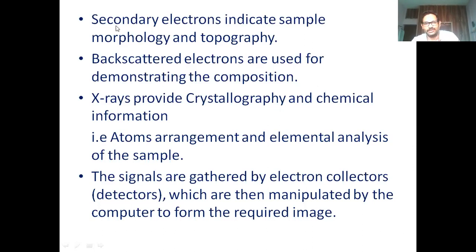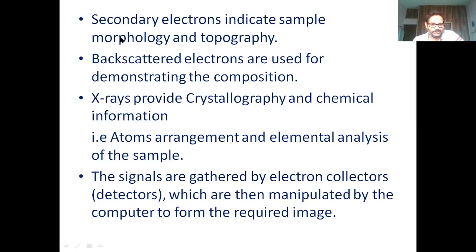Backscattered electrons are used for demonstrating the composition, the atomic number of the atoms, and the composition of that particular specimen. The X-rays provide crystallography information and chemical information, that is, how the atoms are arranged and what elements are present in the sample. So this information we'll get.